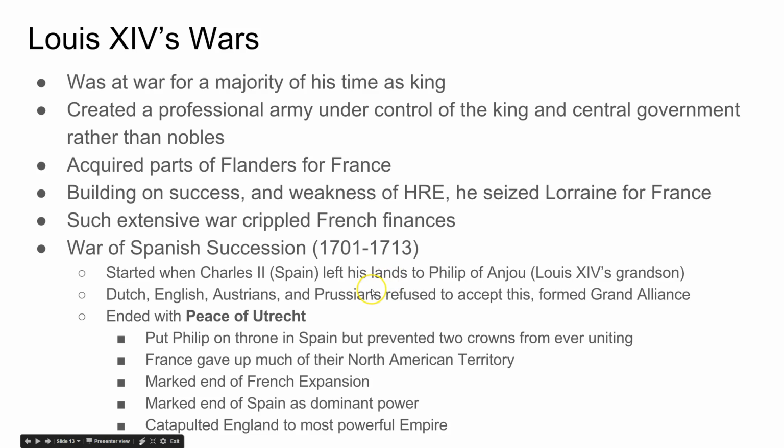Okay. So the Grand Alliance fights against France during this War of Spanish Succession, and it ends with what's known as the Peace of Utrecht, which is really, really important in terms of this pivot moment of European history. And the Peace of Utrecht puts Philip of Anjou on the throne of Spain.